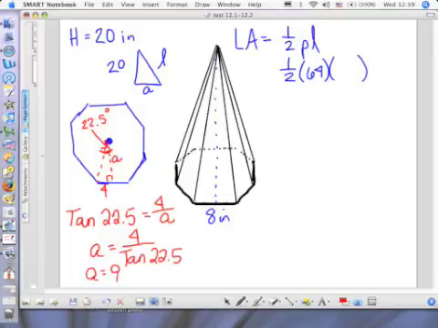So my apothem is 9.6569. Just keep as many as you can.